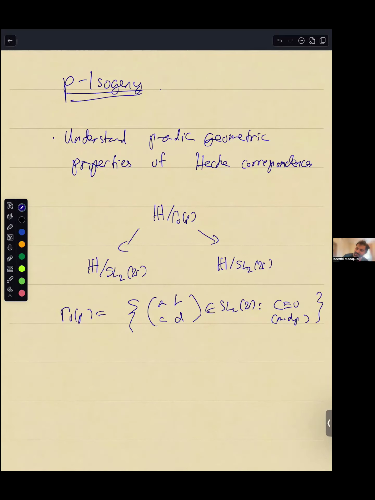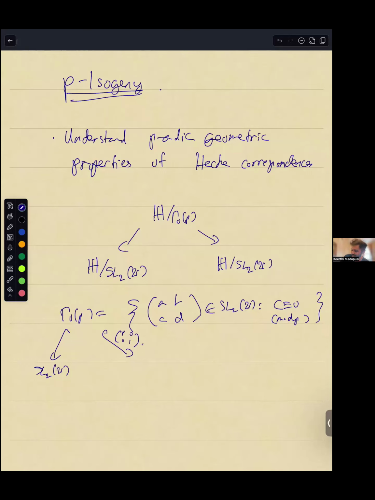And there are two maps from here to SL2Z. One is just the embedding, the tautological one. The other one is given by conjugation. Some might mess this up, so I apologize.